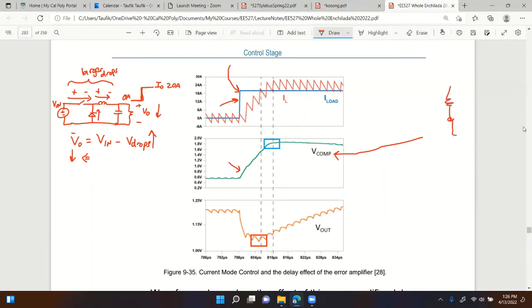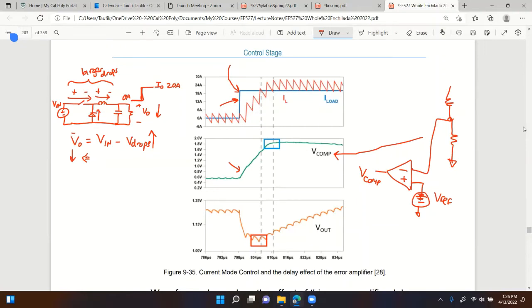Let me redraw that. That's your VC, here I call it Vcomp now.